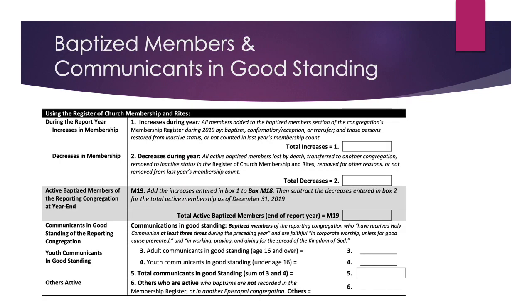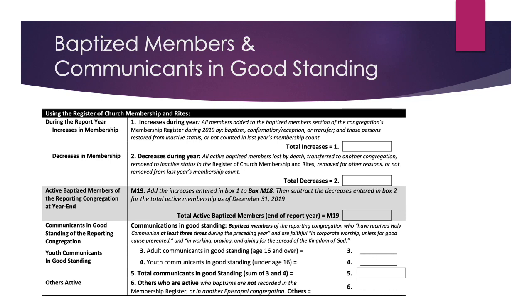Then we have the section on baptized members and communicants in good standing. As we talked through, there are some subjective things that you'll need to sort through as you figure out who to put in there. The first thing, number 1, you'll figure out the increases during the year. So during 2019, who were baptized, who were added to the baptized membership, who were confirmed or transferred in, any of those methods of becoming a baptized member, and those persons restored from inactive status.